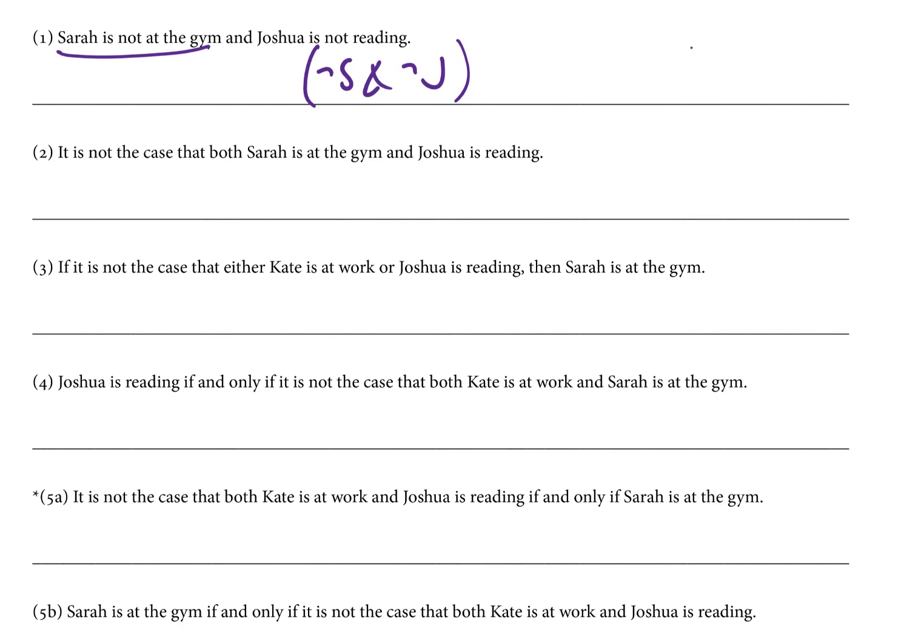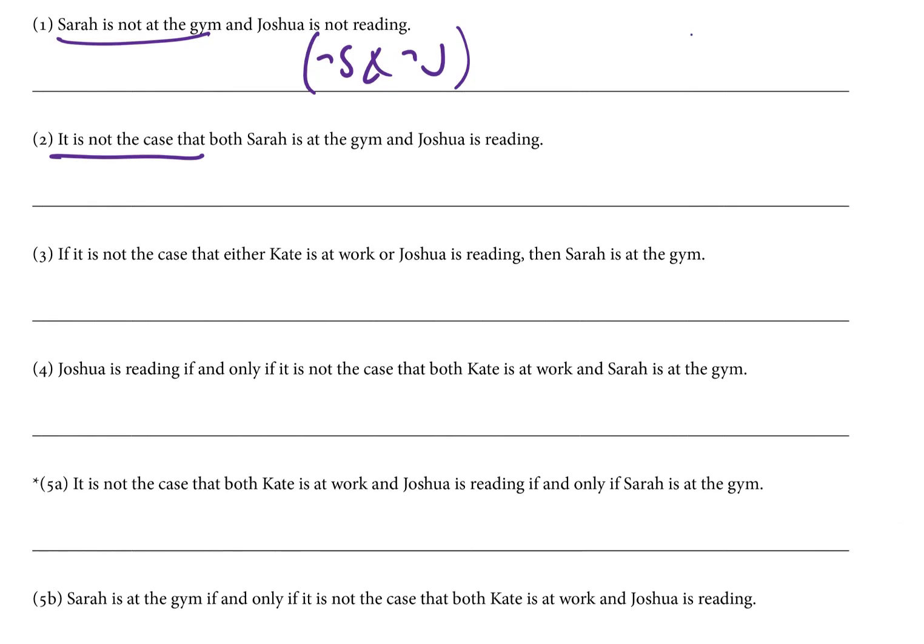So we go from Sarah is at the gym to Sarah is not at the gym. When the not applies to more than just a single atomic sentence, it's often best to use it is not the case that. So that's what I think we have in all the rest of these other sentences.